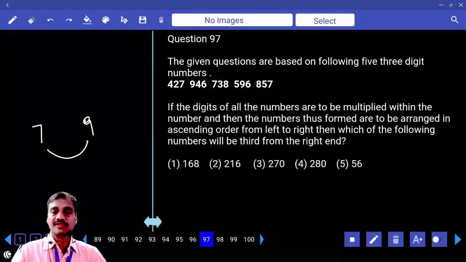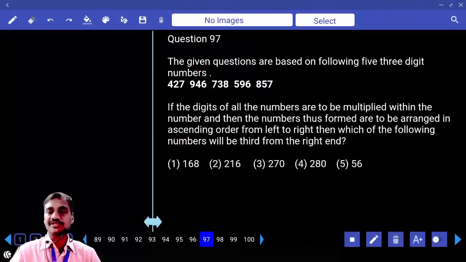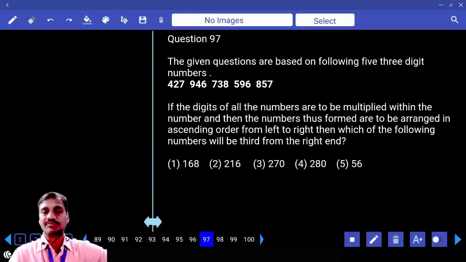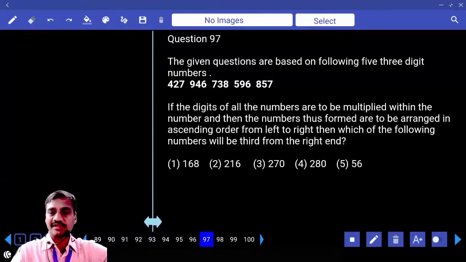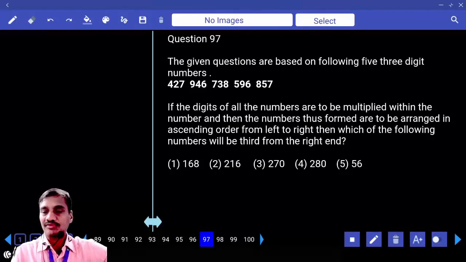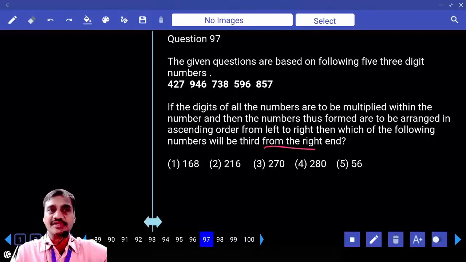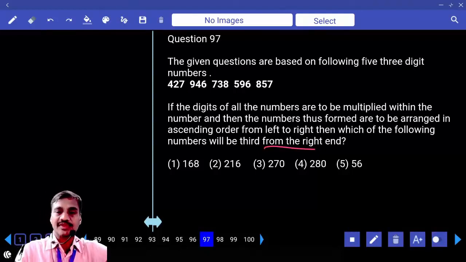Then 97. If the digits of all the numbers are multiplied within the number, and the numbers thus formed are arranged in ascending order from left to right, which will be third from the right hand? Now the product of the digits: 4 into 2 into 7 is 4 into 2, 8, into 7, 56.